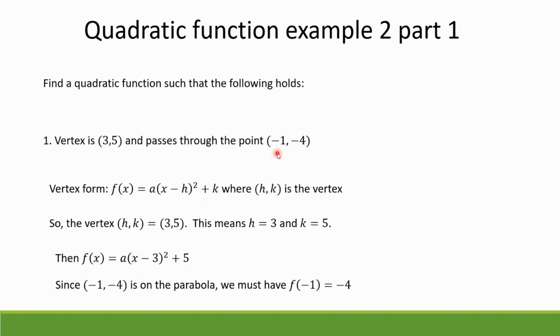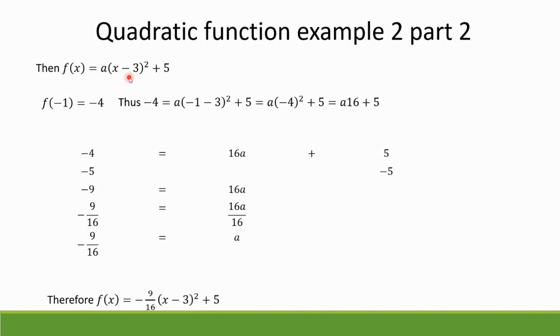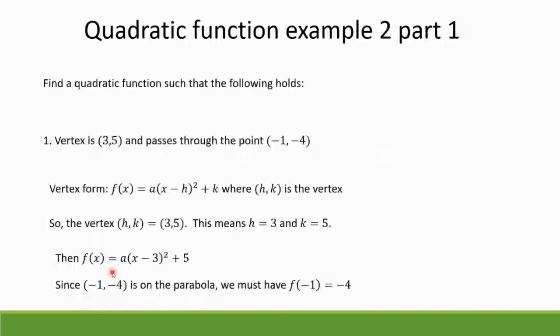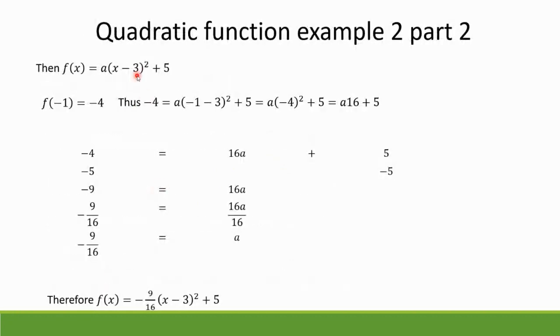In other words, f of -1 is -4. So when x is -1, f of x is -4. Okay, let's use that. Namely, we know this is f of x. So when x is -1, f of x must be -4.